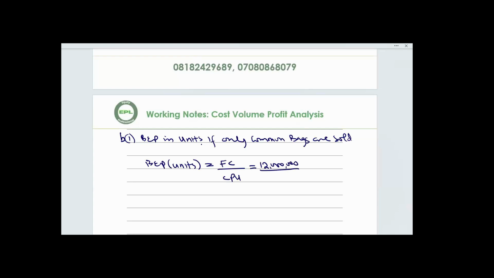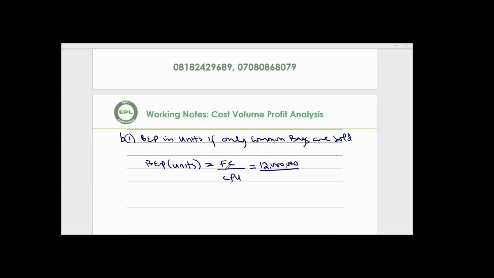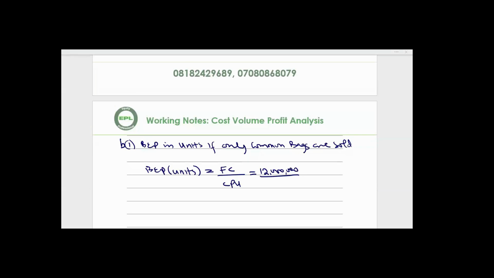Then contribution per unit for common. Of course, selling price of common is 200. Variable cost of common is 140. We did it in our last class. So the difference is 60 naira.